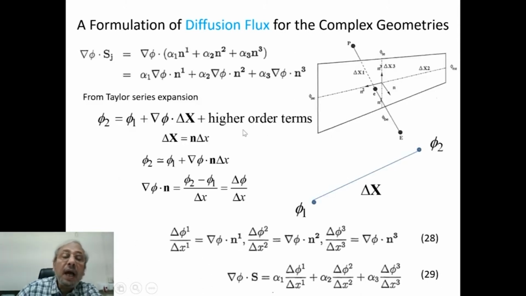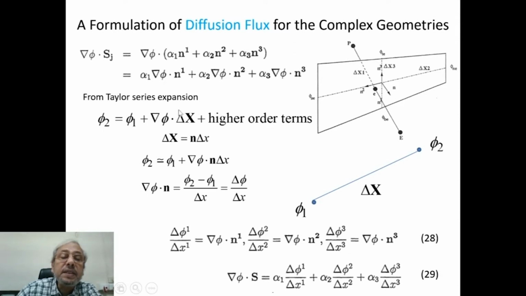And then as we were saying, at two different points we have different phi. Then the gradient of this phi we can write as phi 2 equal to phi 1 plus grad phi dot dx.